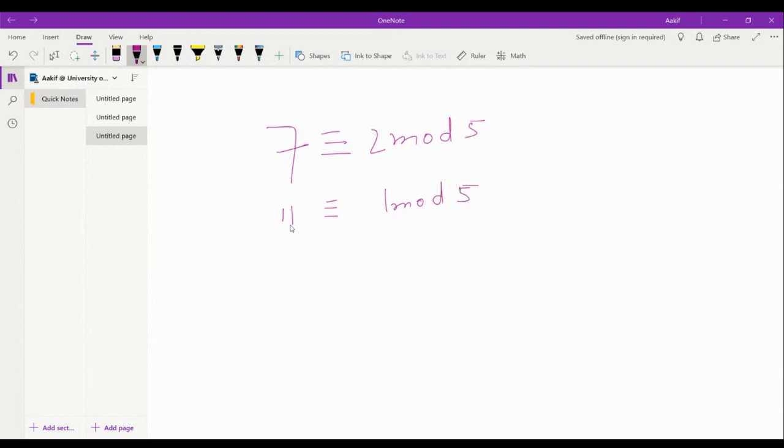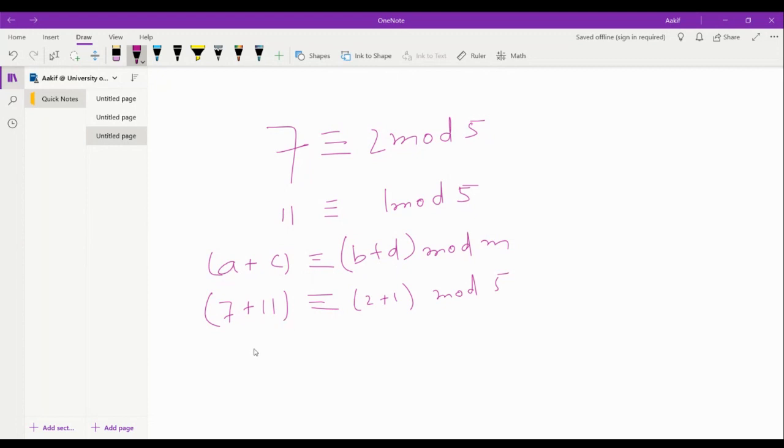Now we have to check the congruence of sums and products. Let's take the first case, which is A plus C is congruent to B plus D mod M. So this will become 7 plus 11, and we have to check whether this is congruent to 2 plus 1 mod 5.